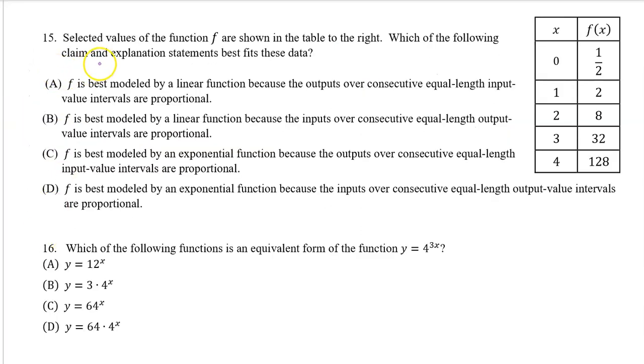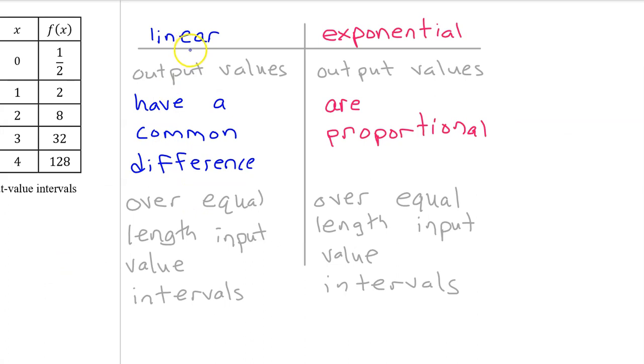Number 15. Selected values of the function f are shown in the table to the right. Which of the following claim and explanation statements best fits these data? The answer choices are about whether the curve of best fit will be a linear function or an exponential function, and why. A linear model is most appropriate when the output values have a common difference over equal length input value intervals.